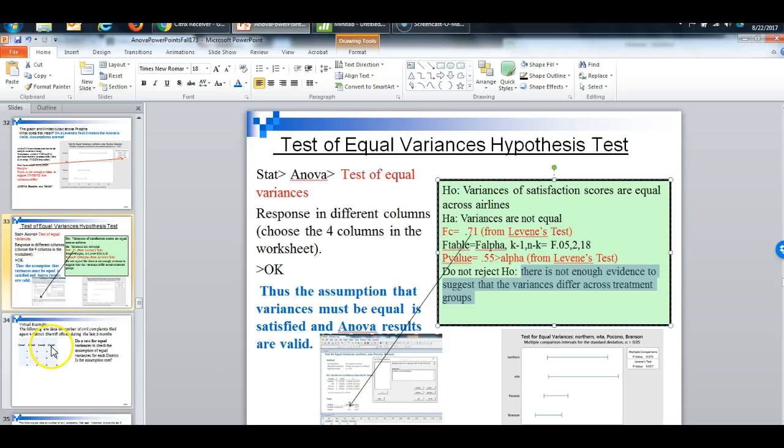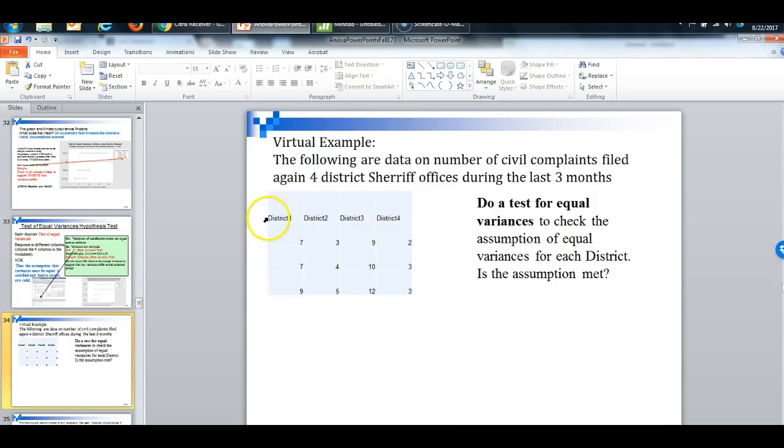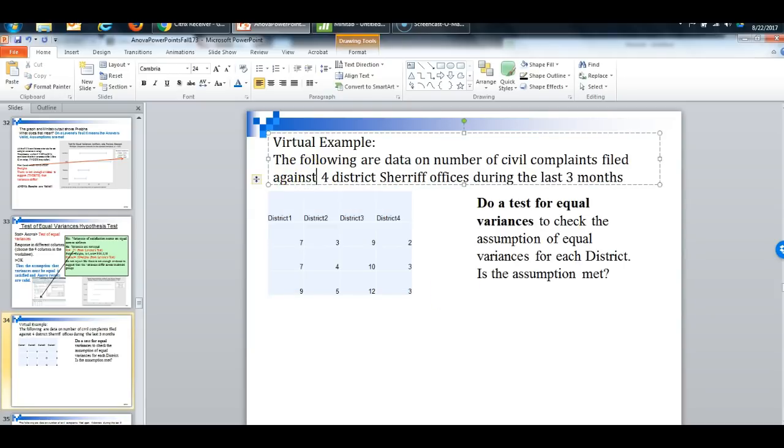So let's go ahead and do another example. Here we have some data on districts. In this example, we have the number of civil complaints filed against 4 district sheriff's offices during the last 3 months.